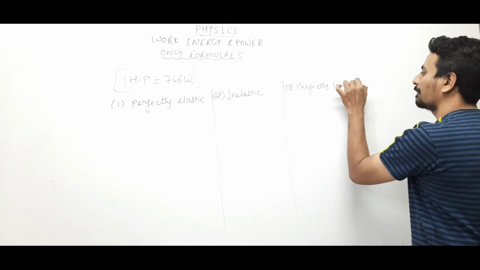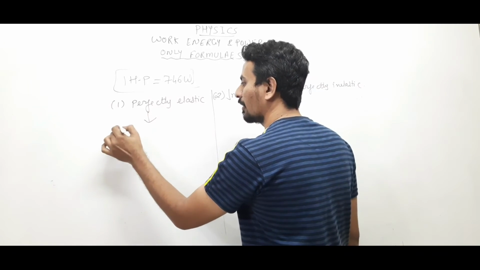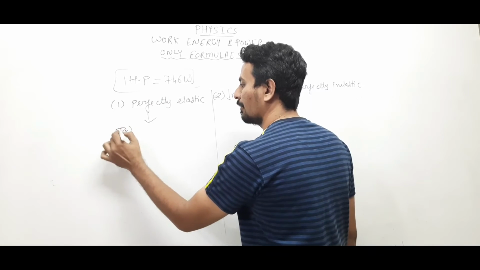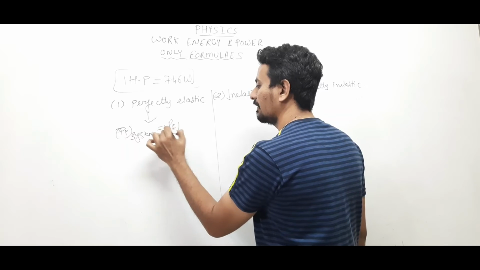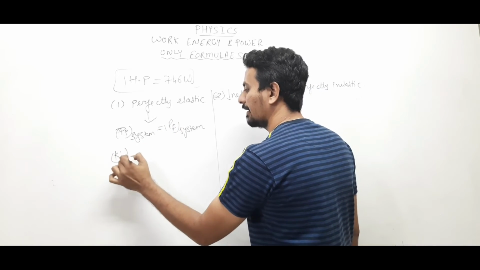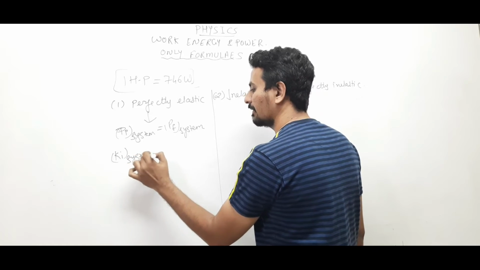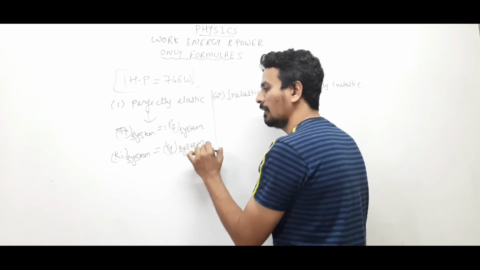In perfectly elastic collision, the total momentum, that is initial momentum of the system, equals the final momentum of the system. You can also compare their kinetic energy. Initial kinetic energy of the system equals final kinetic energy of the system, right?